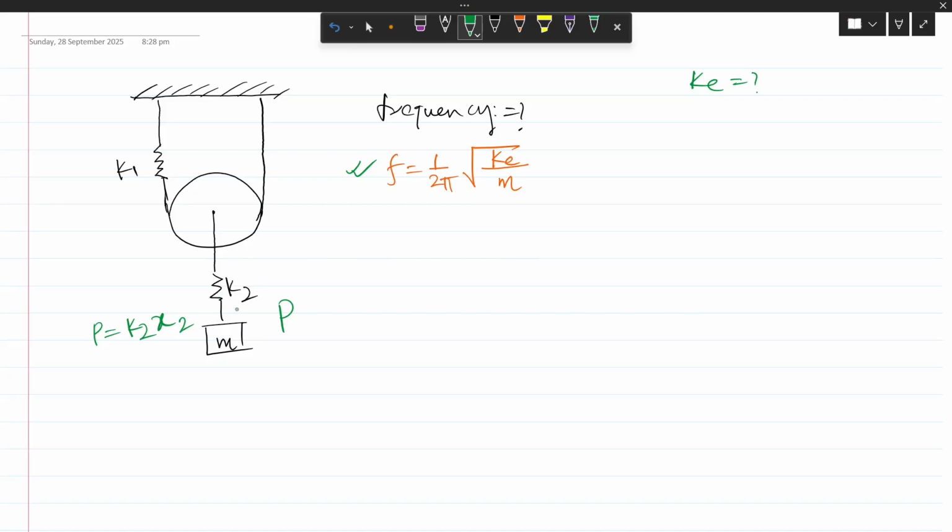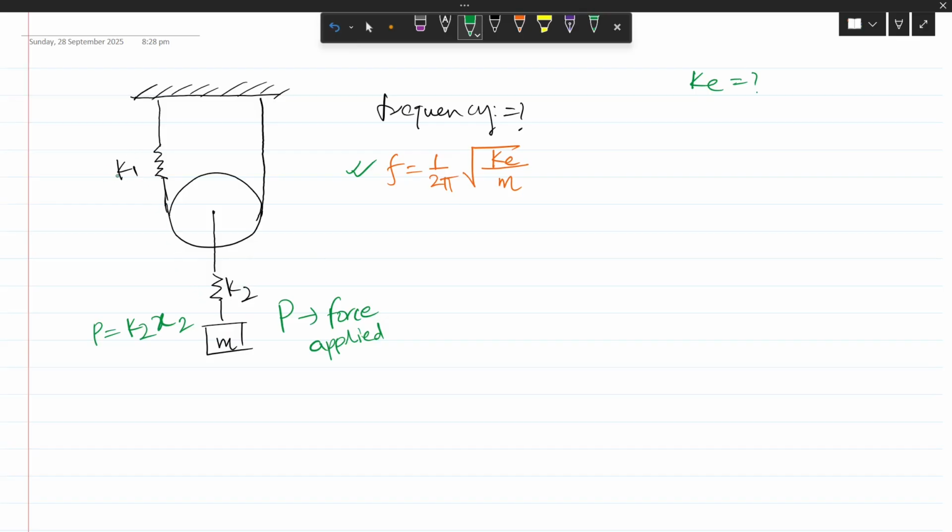So we have already found the force we have applied here. P is the force applied, and due to this force, the equation for this spring is K2 into X2, where K2 is the spring constant for this spring and X2 is its displacement.